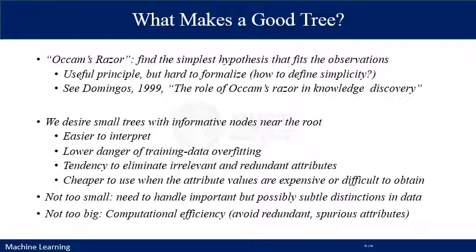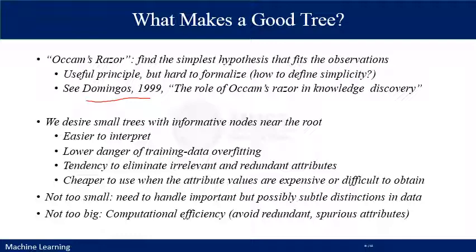However, it works well in practical aspects, and if you want to read more about Occam's razor or the definition of useful trees, you can find the relevant materials based on the author and the year. Or you can read the paper, The Role of Occam's Razor in Knowledge Discovery.